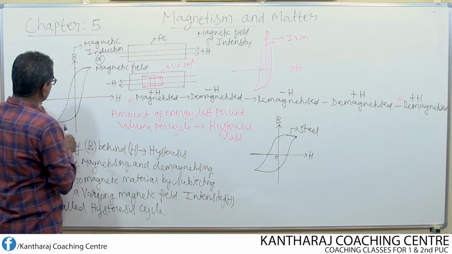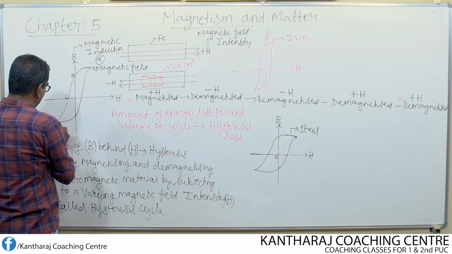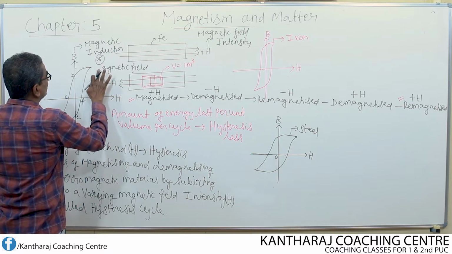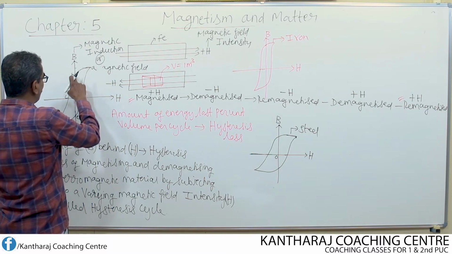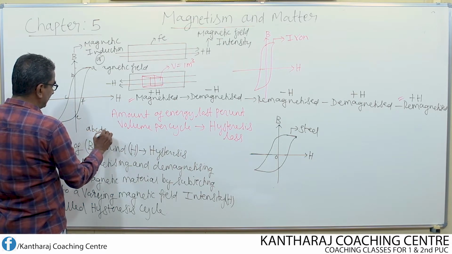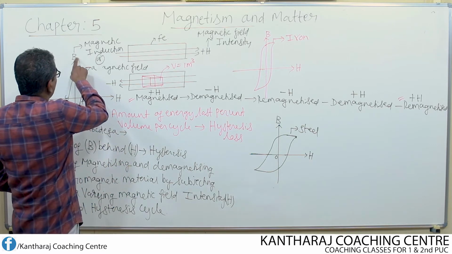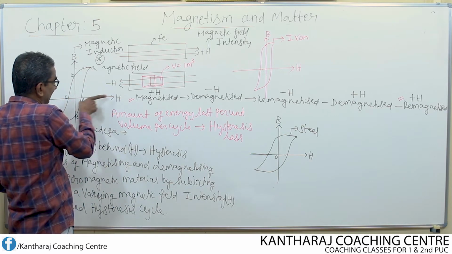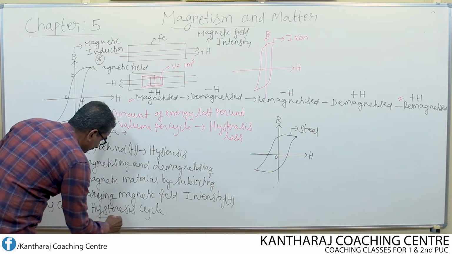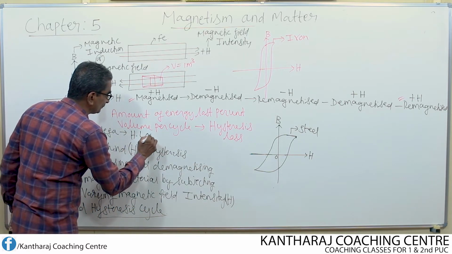Look here: A, B, C, D, E, F, back to this point, which is nothing but A. A closed loop A, B, C, D, E, F, A, which is obtained by plotting magnetic induction against magnetic field intensity during the hysteresis cycle, is known as the hysteresis loop.